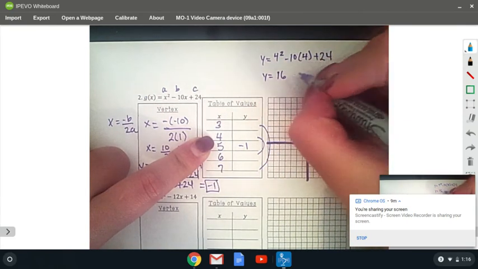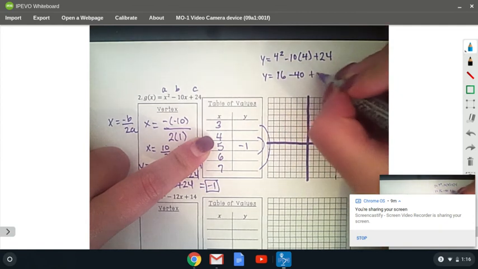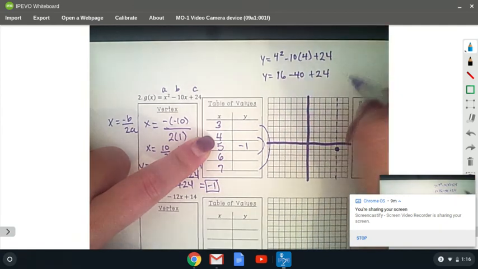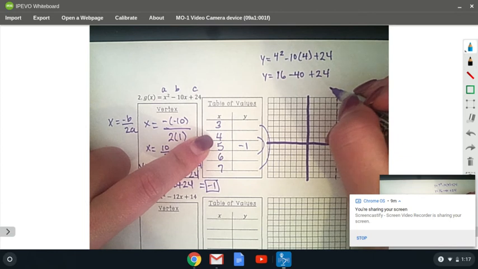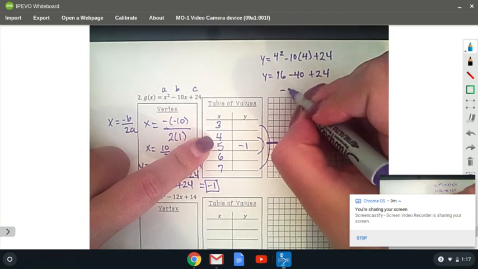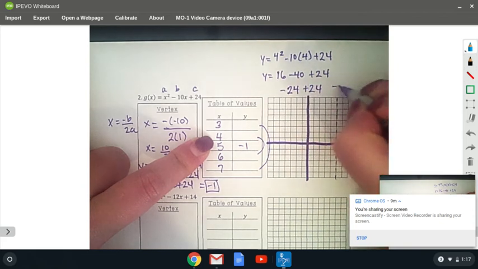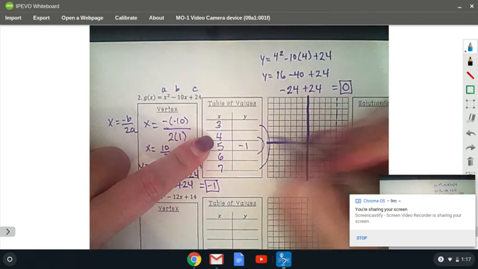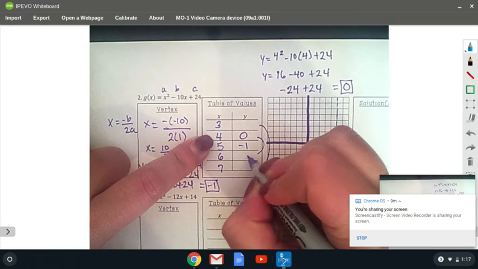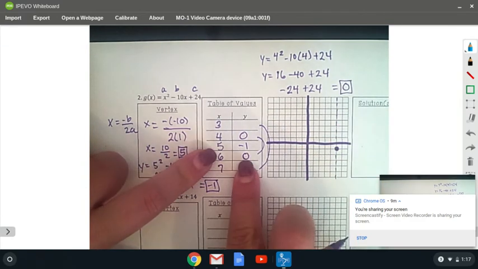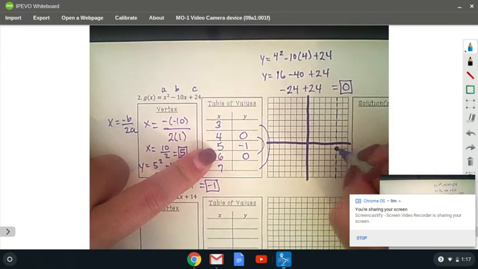I would get 16 minus 40 plus 24. 16 minus 40, that would give me -24 plus 24, that gives me 0. So when I plug in a 4, I get a 0. That means when I plug in a 6, I will also get a 0.